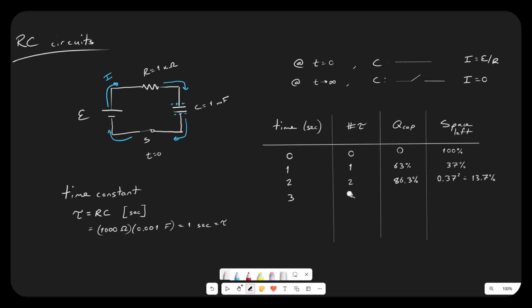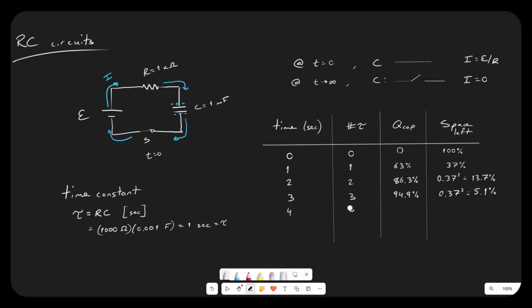After 3 seconds, 3 time constants have gone by. The amount of space that's remaining is 0.37 cubed, which is 0.0506, so this is 5.1% roughly, which means I've got 94.9% filled.